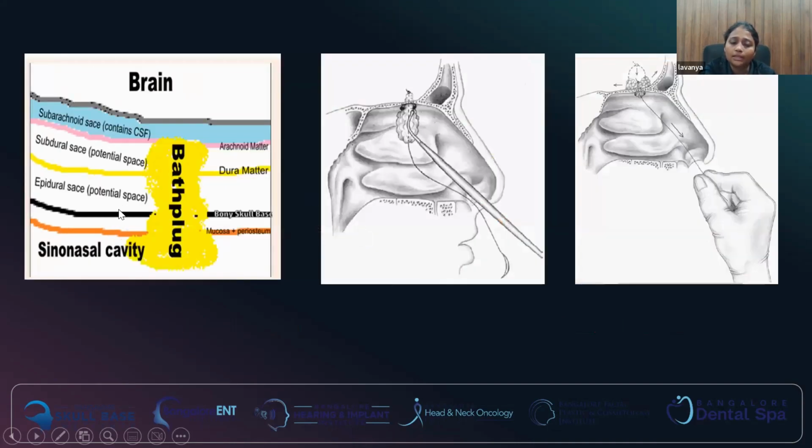In the bath plug technique, as you can see in the diagrams here, a plug of autogenous fat is used, and it is pushed into the defect and then pulled out so that the defect is completely sealed by the fat. Okay, and the majority of it would be in the intracranial part.